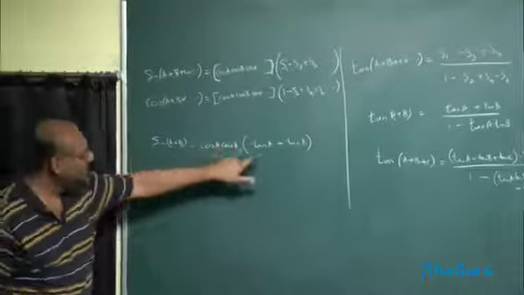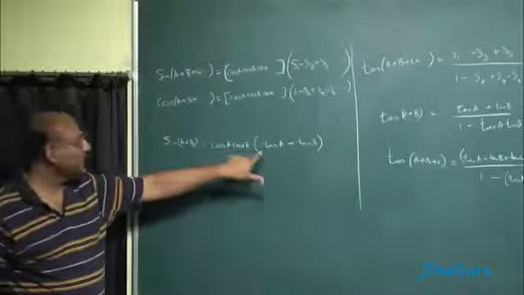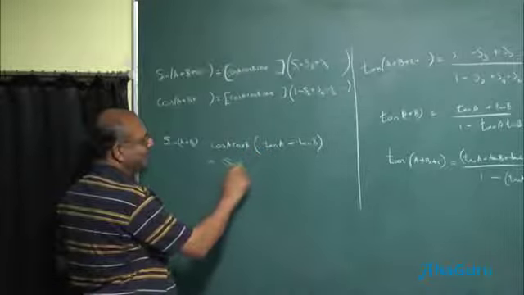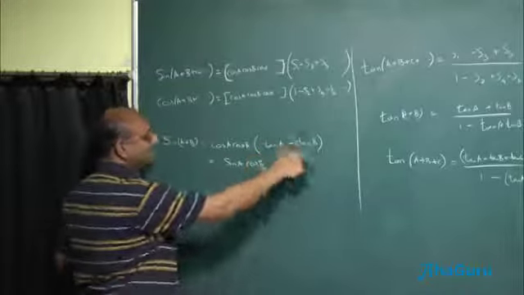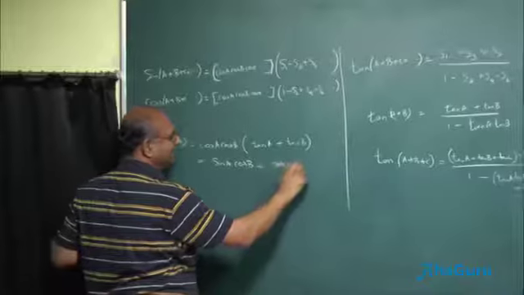Because if I do cos A cos B into sin A by cos A, the cos will cancel out. So you will end up with sin A cos B. So this is going to give me sin A cos B plus this into this, the cos B will cancel out. So sin B cos A or cos A sin B.